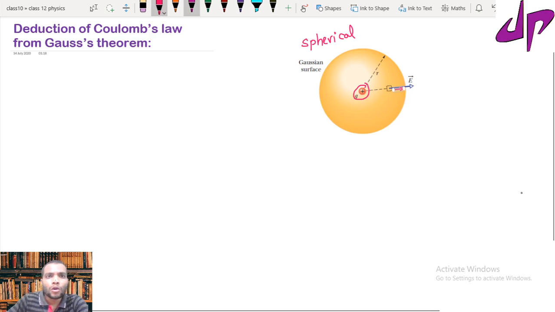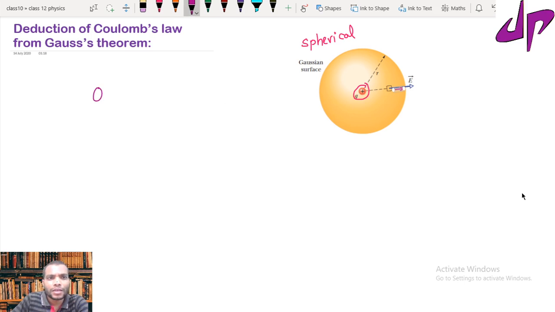Now according to Gauss law, what can we write? The electric flux through a given surface equals the closed integral of E bar dot dS bar, which equals the charge enclosed, q by epsilon naught.